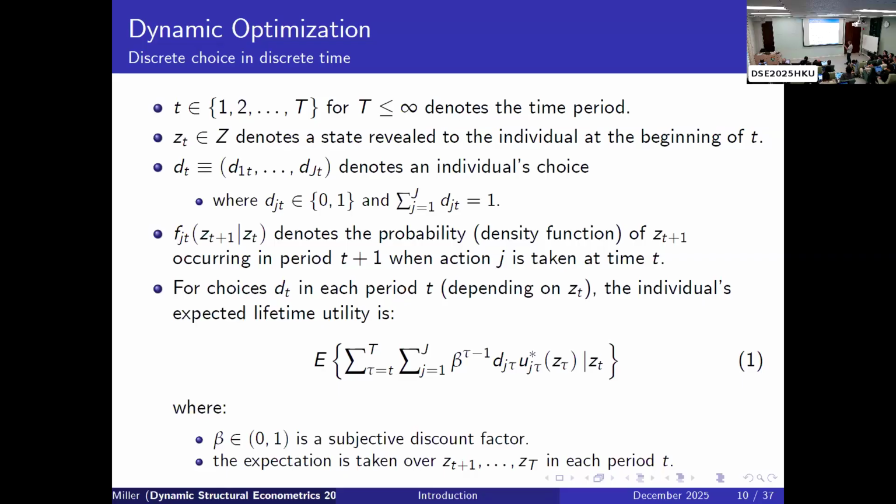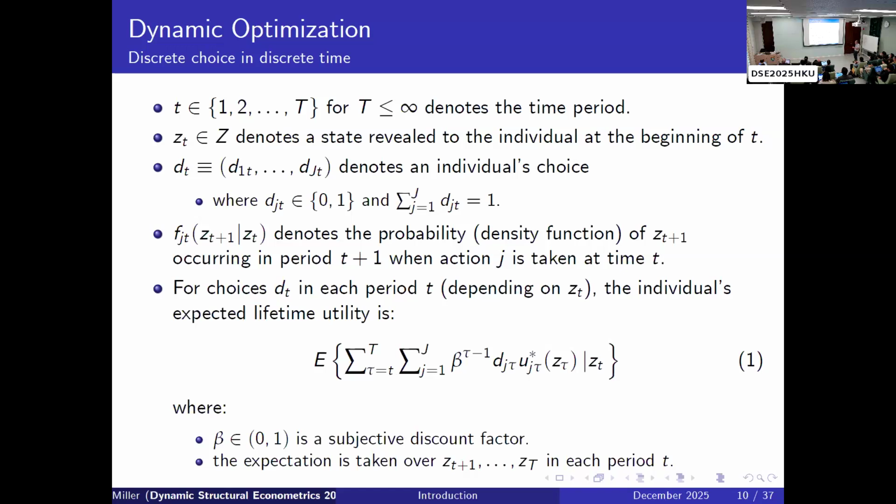There are individual choices being made, and a transition function that takes you from today's state variables to tomorrow's state variables when you take an action j, one of those. No loss of generality by assuming they're mutually exclusive.